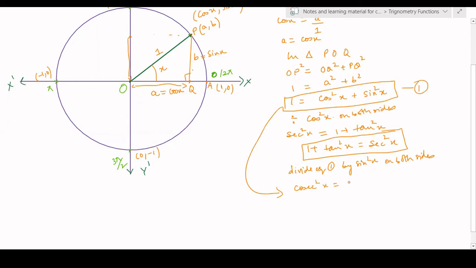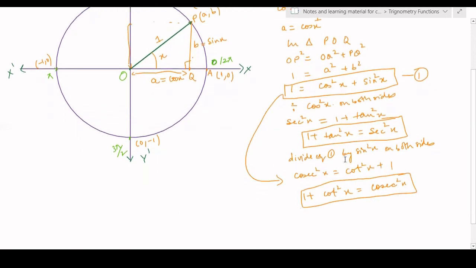Cos squared over sin squared gives you cot squared x. Sin over sin gives you 1. The other identity is 1 plus cot squared x gives us cosec squared x, no matter whatever our x radian turns in this unit circle.